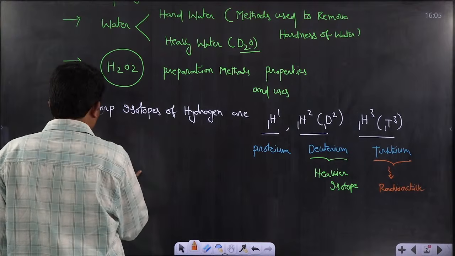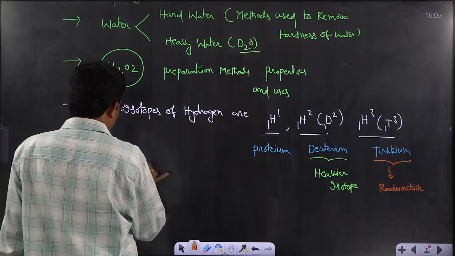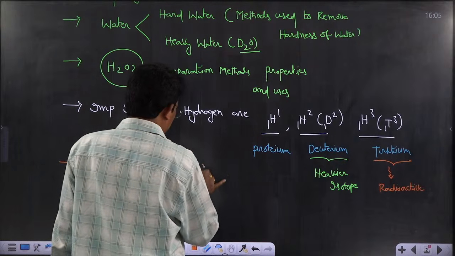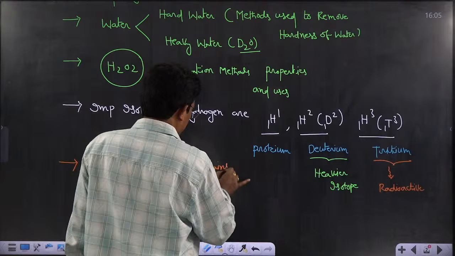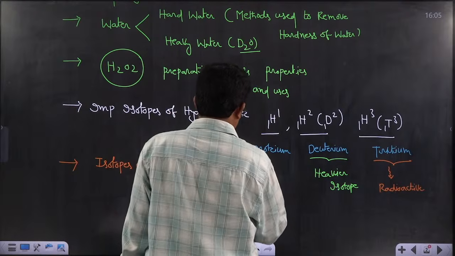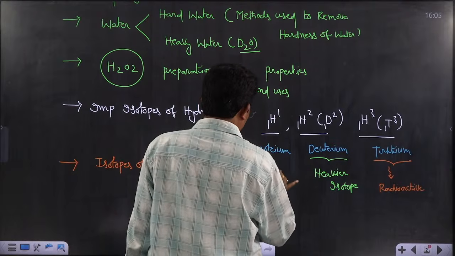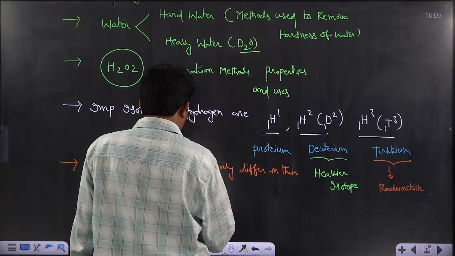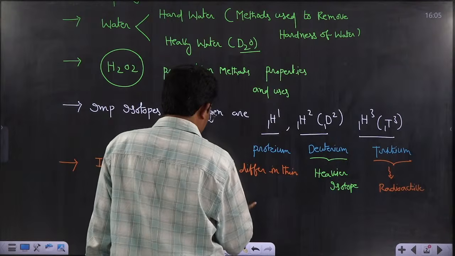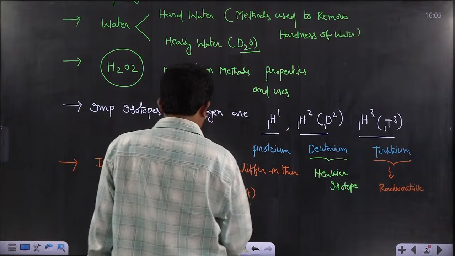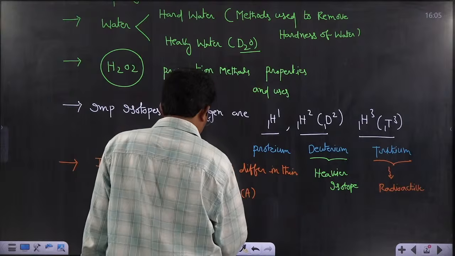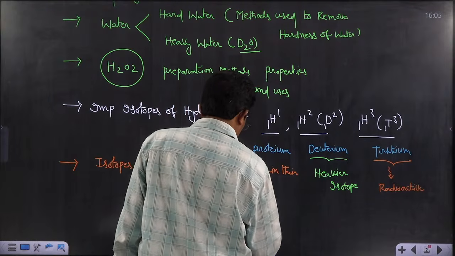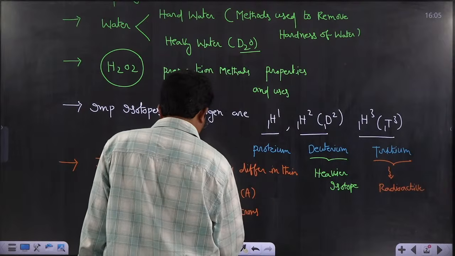Isotopes of hydrogen mainly differ in their mass number, number of neutrons, and physical properties.